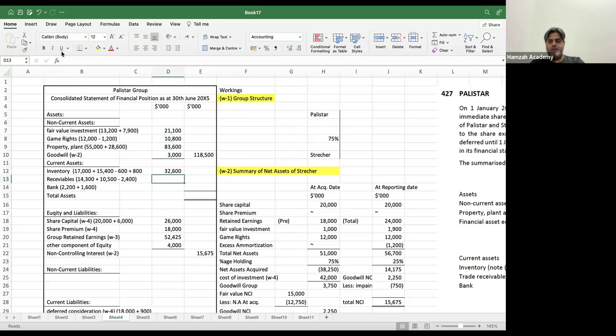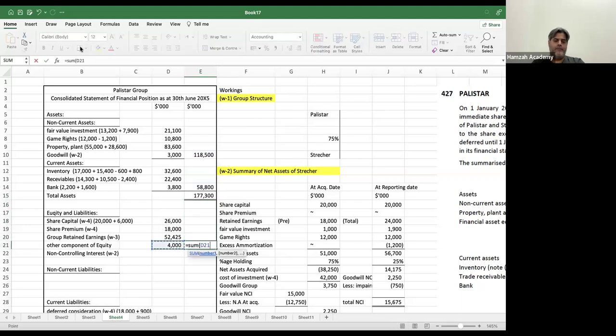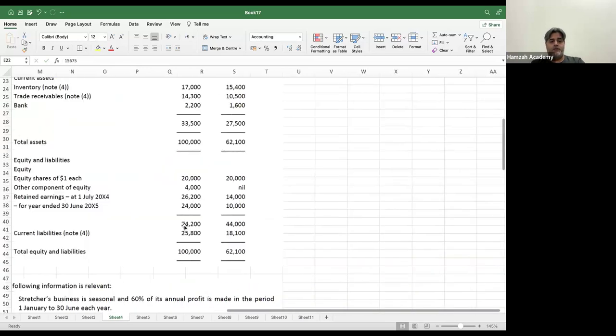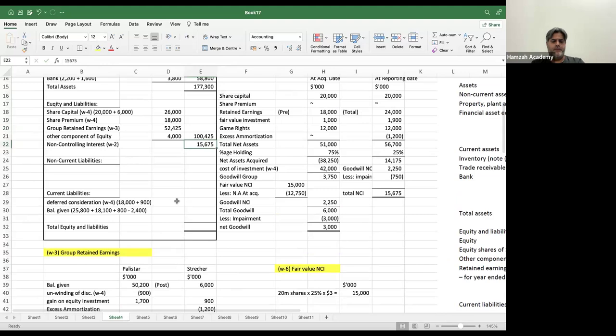So 32,600 is going to be there. Then we have 14,300, 10,500, and minus 2,400, 22,400, and then 2,200 plus 1,600. 177,300. This 100,425. We don't have any non-current liabilities over here. The current liabilities are given, and we have accounted for these over here.